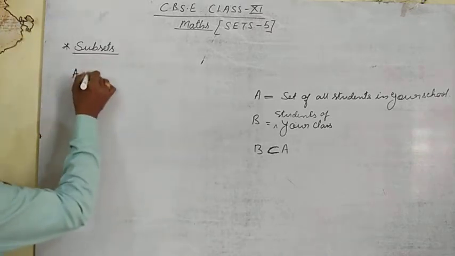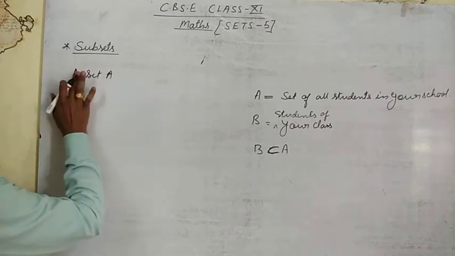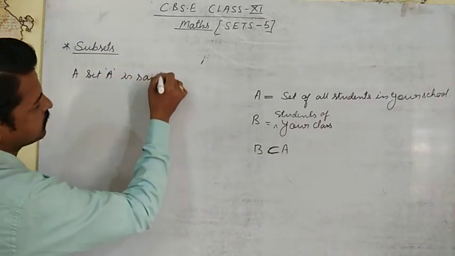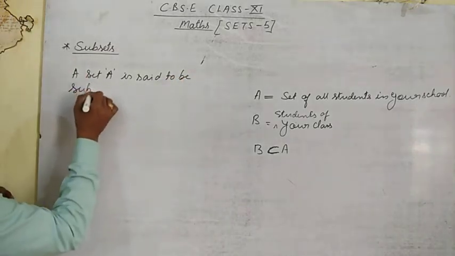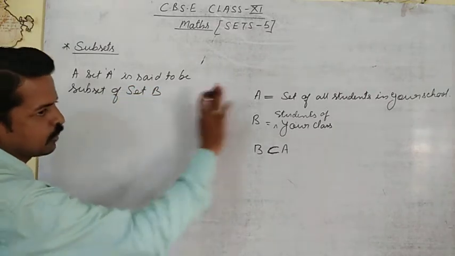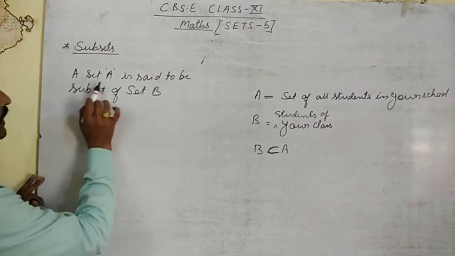A set A is said to be a subset of set B. Don't go by this example. I'm writing the definition. In this case, I'm not taking a particular set.